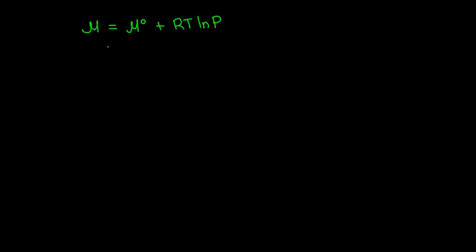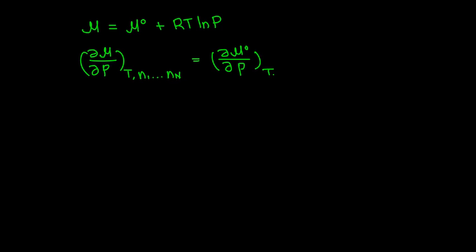So what I do is I differentiate both sides with respect to P. So I have del mu by del P at constant temperature and N1, N2 and so on, equals del mu naught by del P at constant T, N1 and so on, plus RT del by del P of ln P at constant T, N1 and so on.